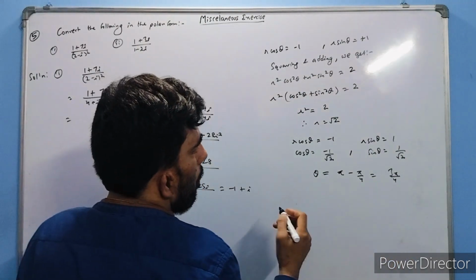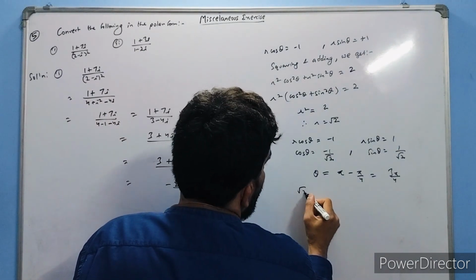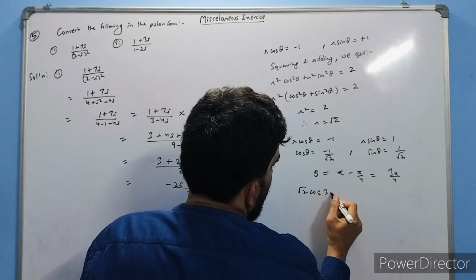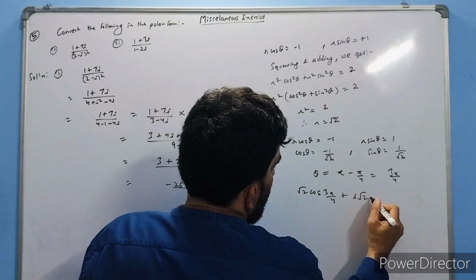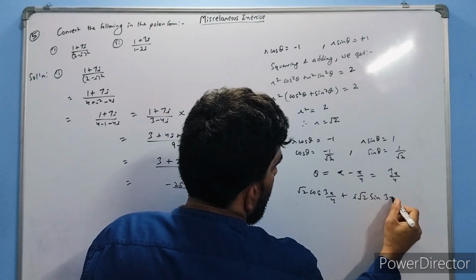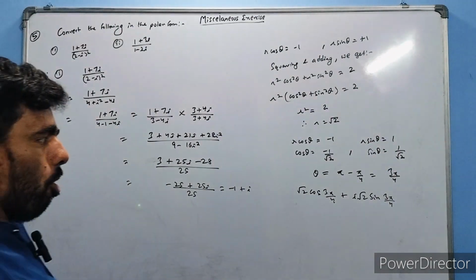Okay, so the polar form will be r cos theta plus i r sin theta. r is root 2, so root 2 cos 3 pi by 4 plus i root 2 sin 3 pi by 4. So that is what I got as my polar form.